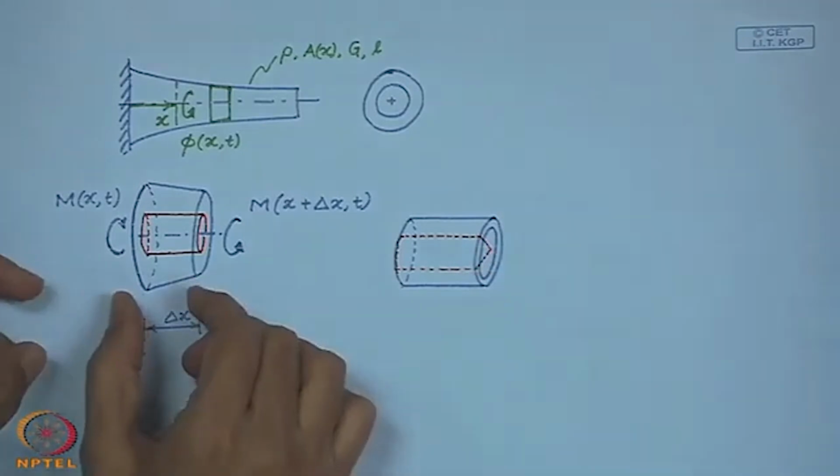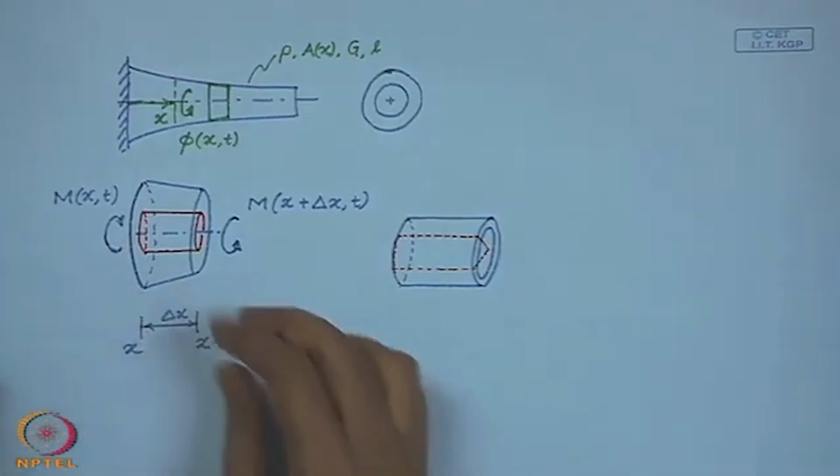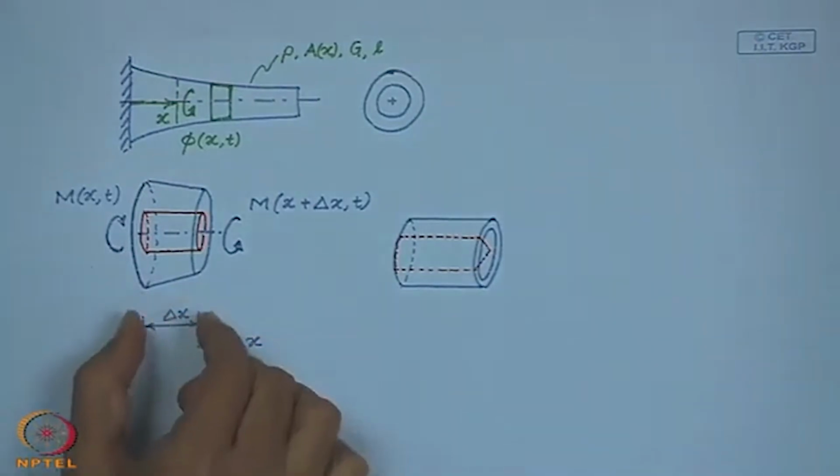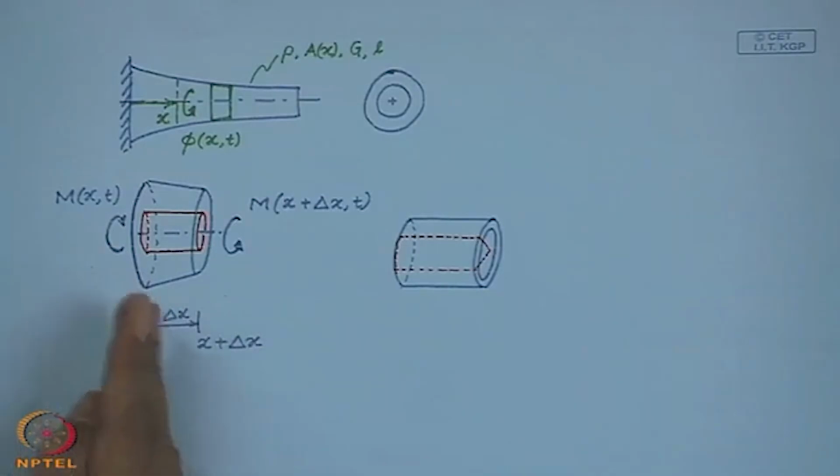When the bar is under torsion, there will be a differential rotation between the left face and the right face.